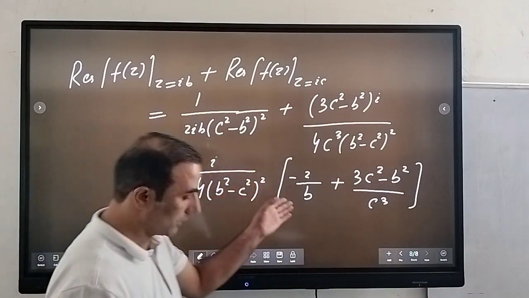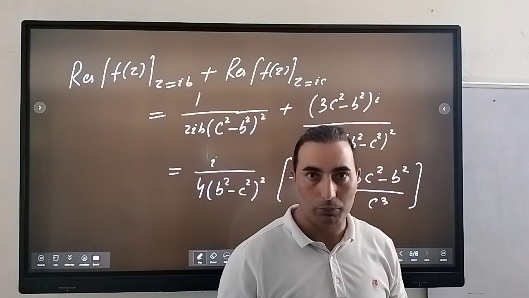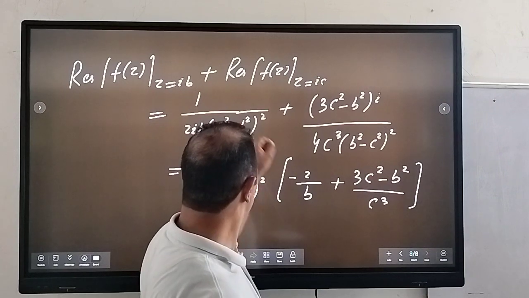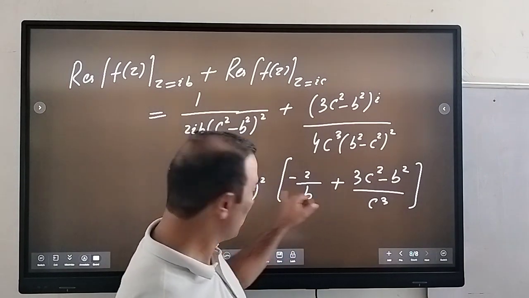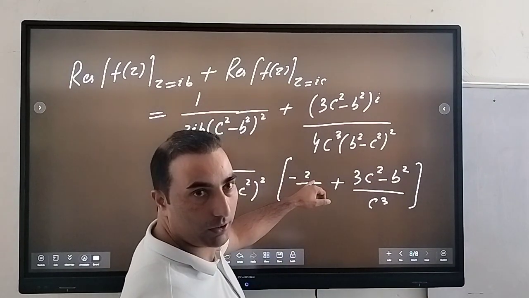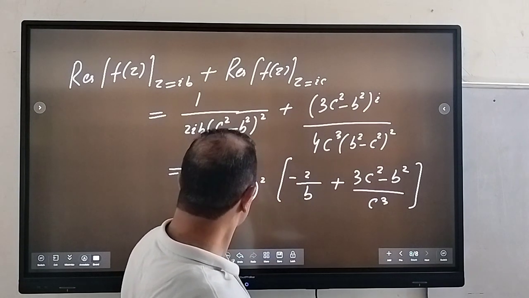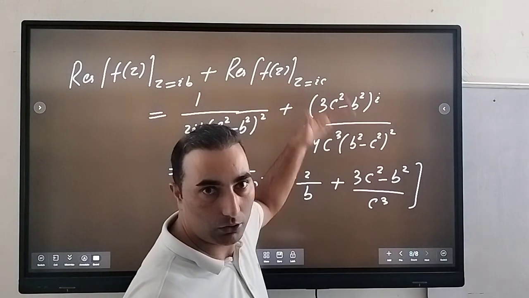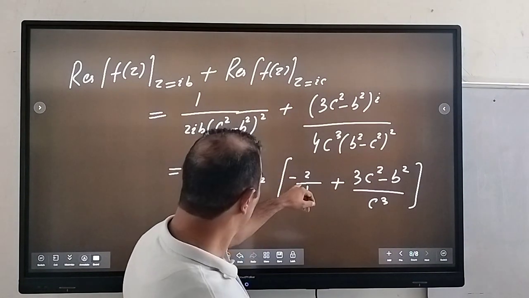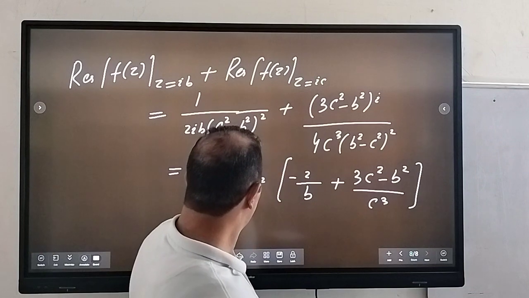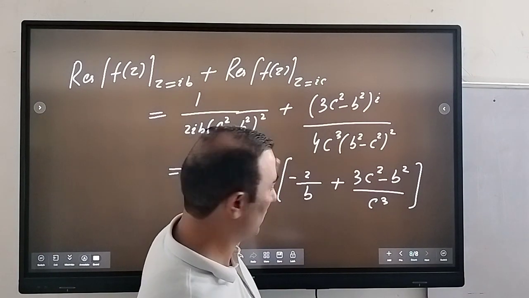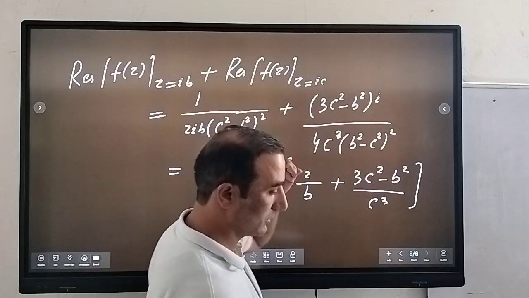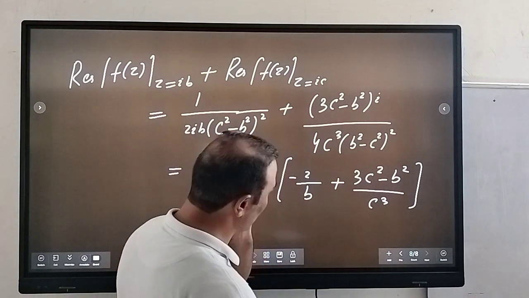Here I basically took iota divided by 4 into c square minus b square whole square out. Because I have taken 4 out, 2 will be in the numerator, and since we have iota in the denominator, when you put it in the numerator you get minus iota. So the minus 2 will be inside the bracket and iota will be outside. It's very simple, there is nothing great here.